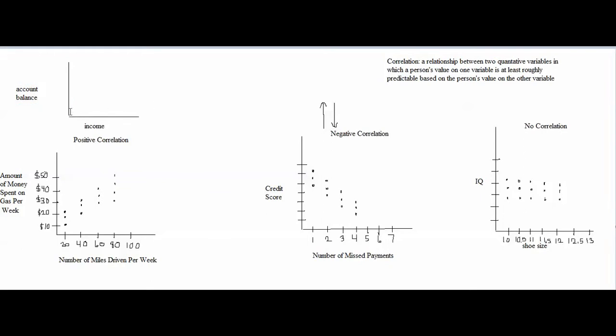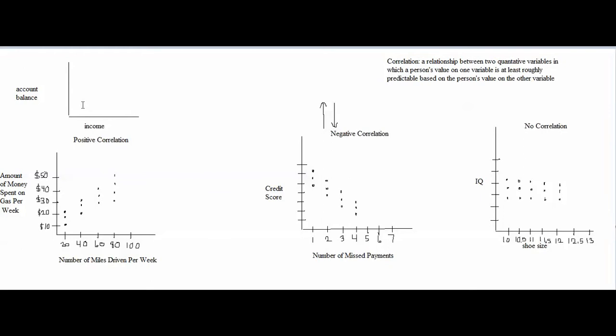Now, it might seem like people with higher incomes would have higher account balances, because if you make more money, it seems like you would be putting more money in the bank and you would have more money saved. But that might not be true for a lot of people because it also depends on how much money you're saving.